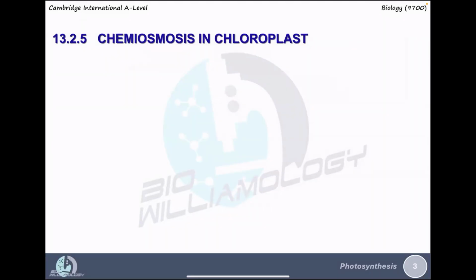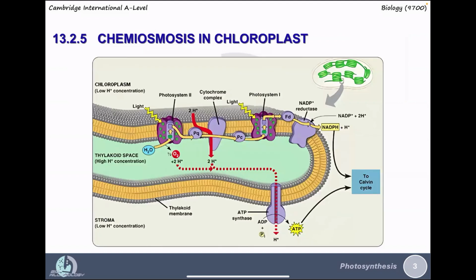Chemiosmosis in chloroplast. How does this reaction take place inside the chloroplast? Focus on this diagram. Between photosystem 2 and photosystem 1, there are some electron carriers which form the electron transport chain. During photophosphorylation, electrons from the primary electron acceptor of photosystem 2 are transferred along this electron transport chain and finally received by the reaction center of photosystem 1, which is P700.